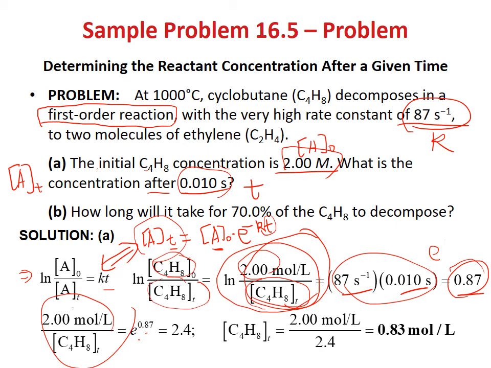In mathematics, if ln A equals B, then A equals e to the B power, and that's why you get this equation. Use a calculator and that gives you 2.4. So to calculate the concentration, you use 2 divided by 2.4, and that gives you 0.83 molarity.